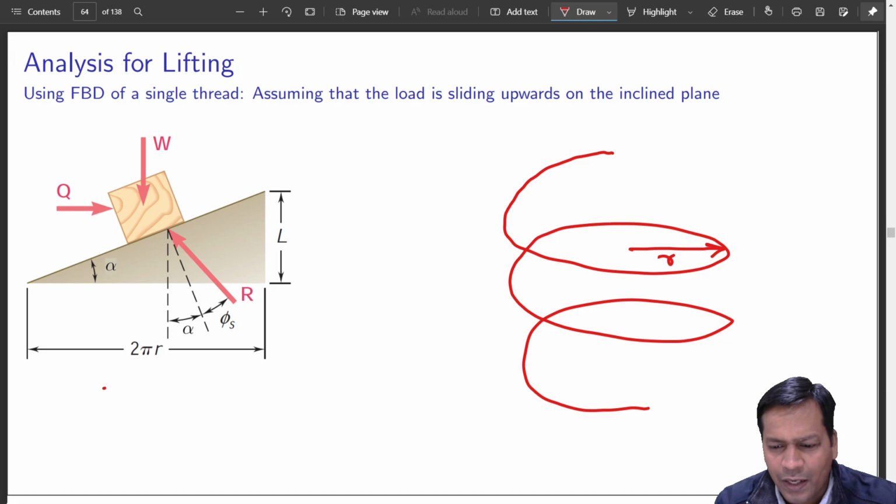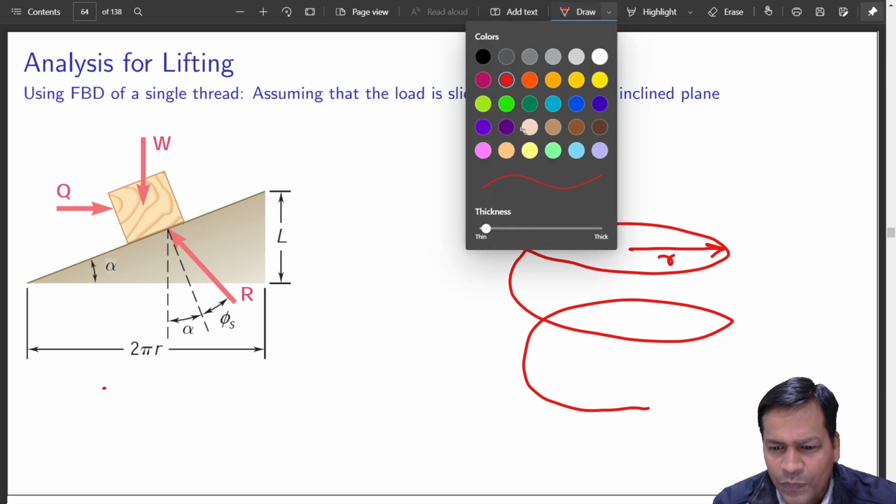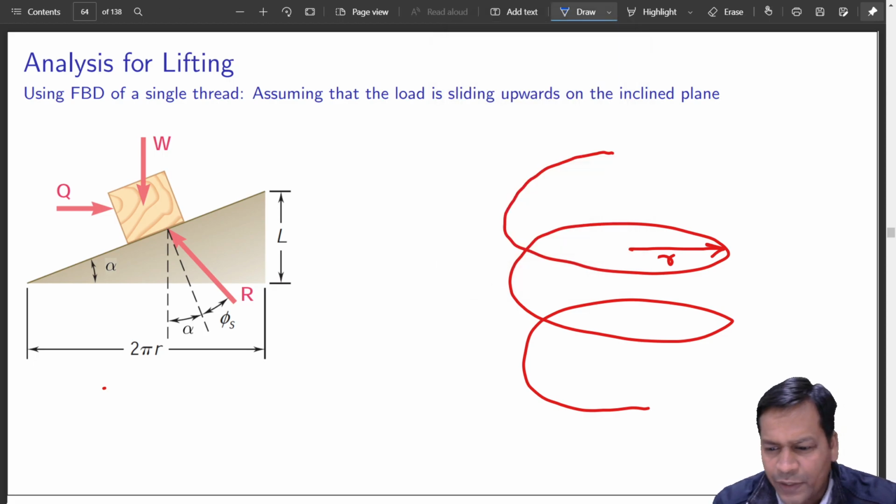If you start from a location and come to the same location in one complete turn, you lift from here to here. Do you agree with this? So this is what was your L. Clear? This is your pitch.